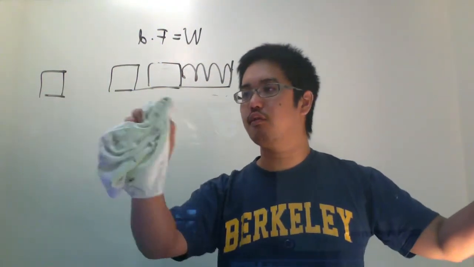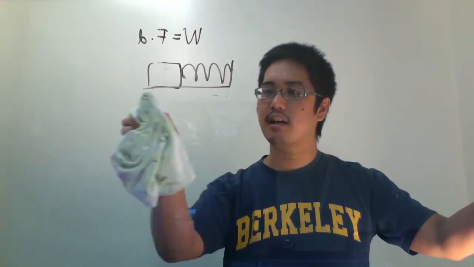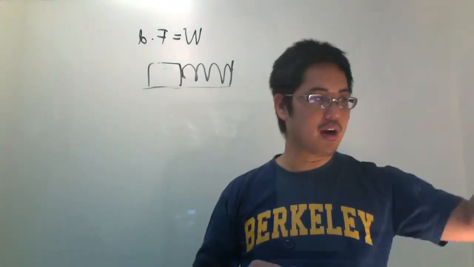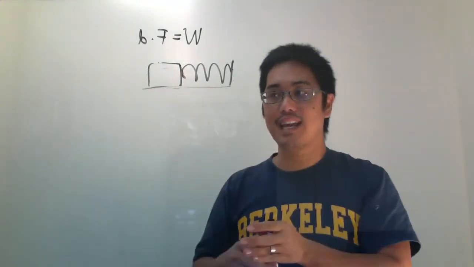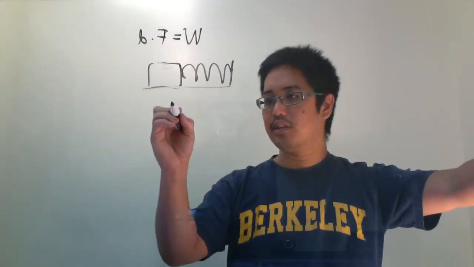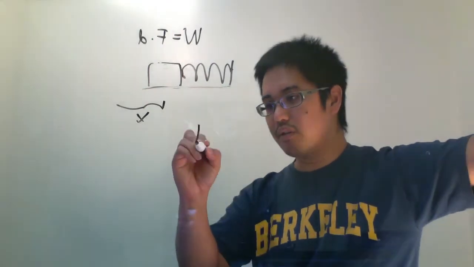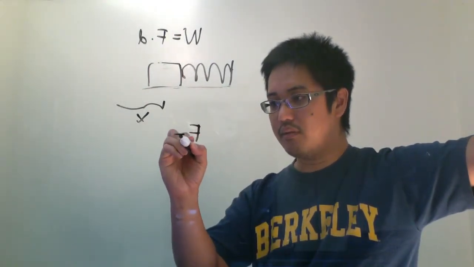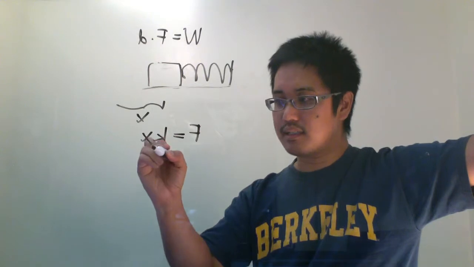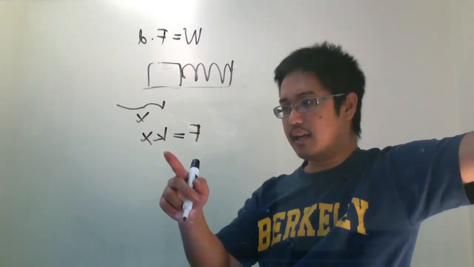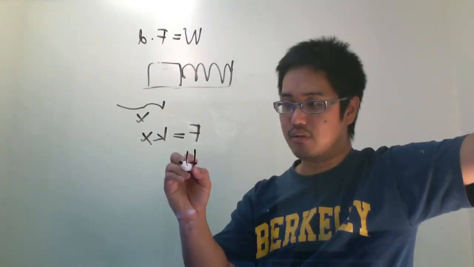So the amount of force that you feel depends on the distance that you are away from its relaxed length, okay? So we measure that distance and we call it x. And so we say force is equal to k times x. And this k is actually called Hooke's constant, H-O-O-K-E.